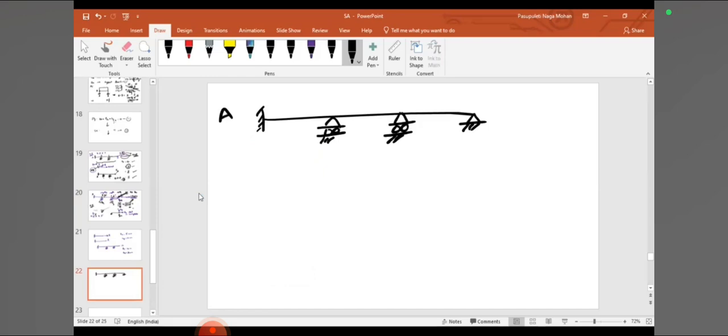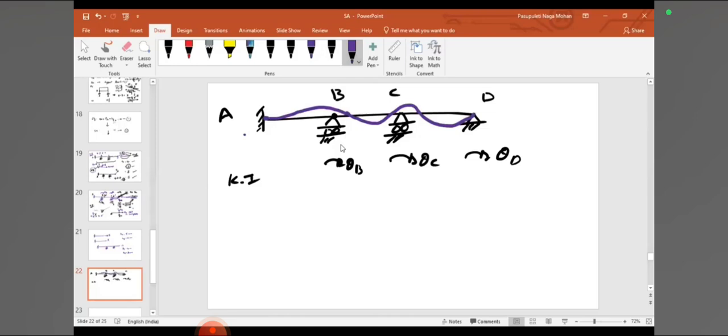Now, what is the kinematic indeterminacy in this case? At B, we have rotation theta B. At C, we have rotation theta C. At D, we have rotation theta D. Now I might draw the deflected shape. This is the final position of point B. Tell me, at B, how many degrees of freedom exist here?